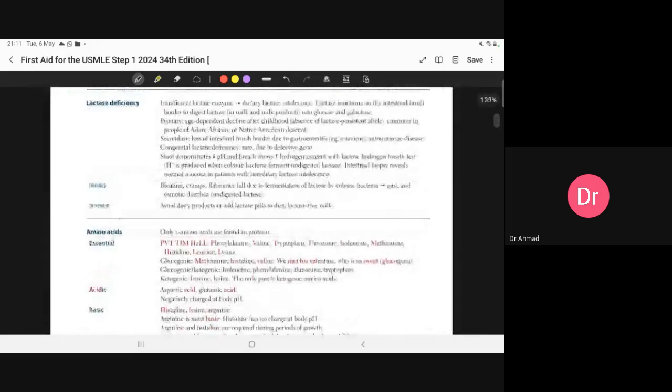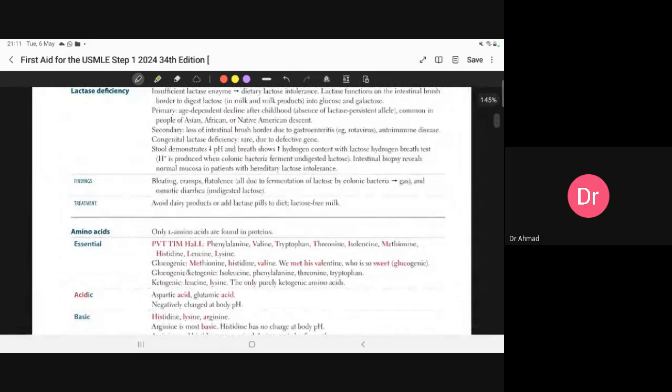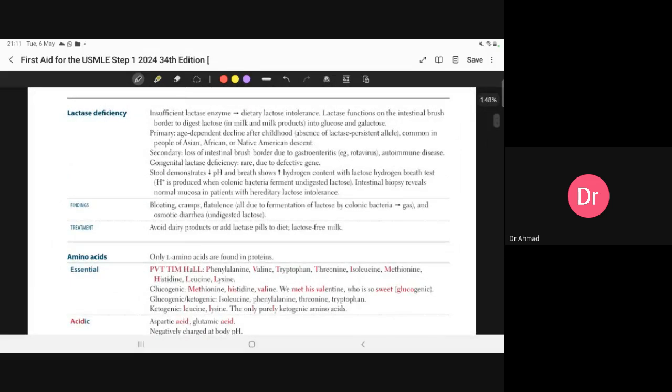Okay, then you have lactase deficiency. This is something very common, and very commonly tested, so you should know this. The lactase enzyme is present on the brush border of your GI tract.